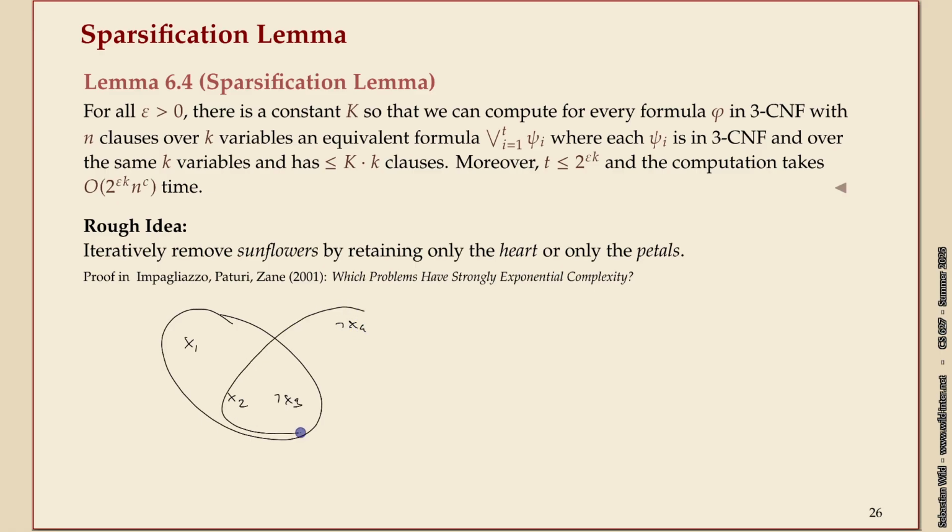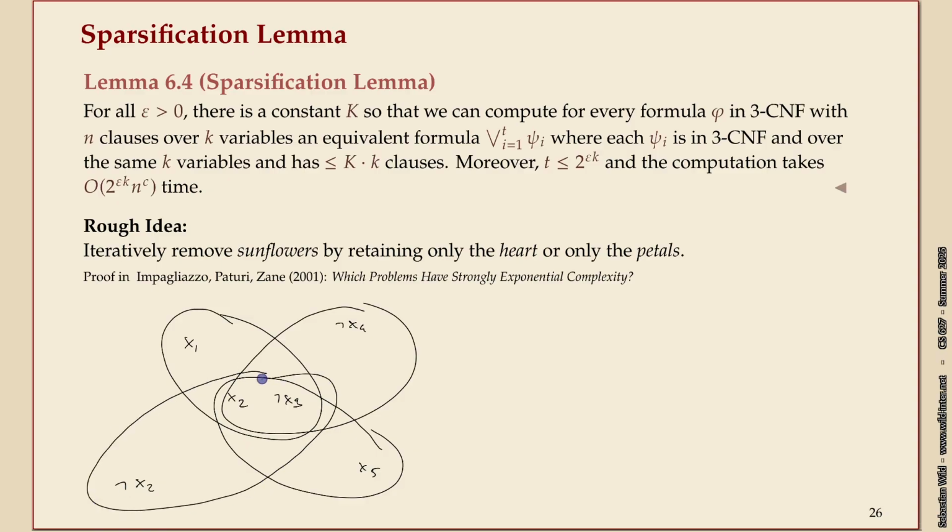And maybe there's a lot of clauses that include the same literals, but have some other literal added on them. Maybe a nonsensical one too. So the algorithm essentially tries to find these sunflowers, so sets of clauses that all intersect in some 1 or 2 literals.